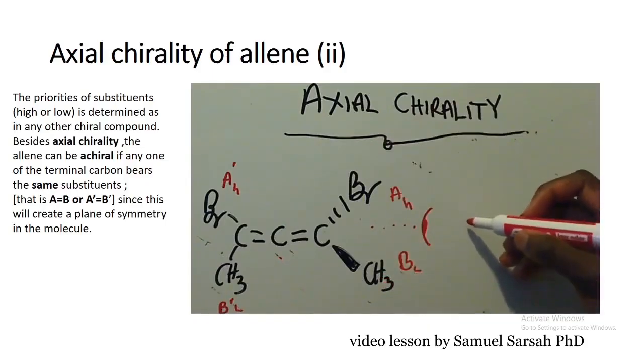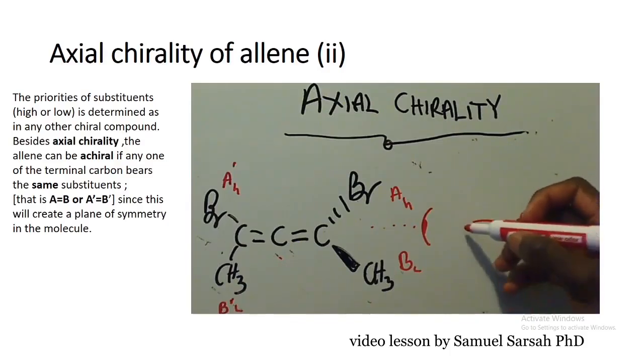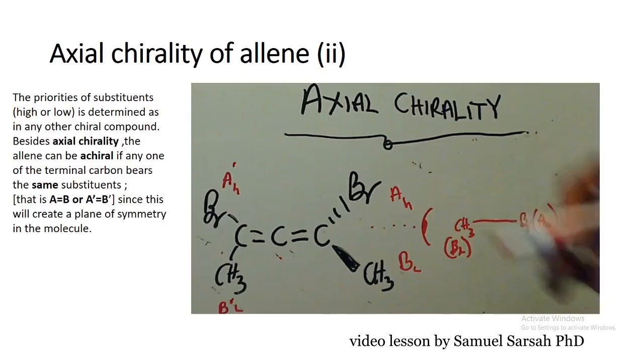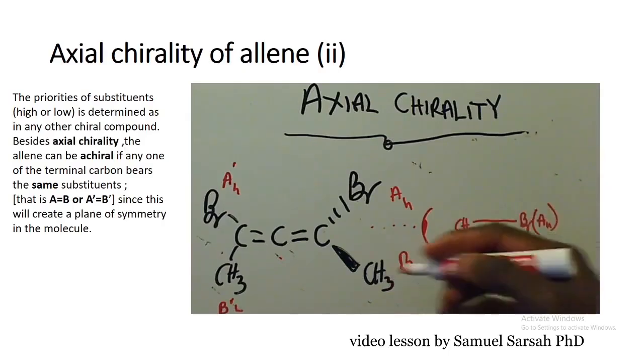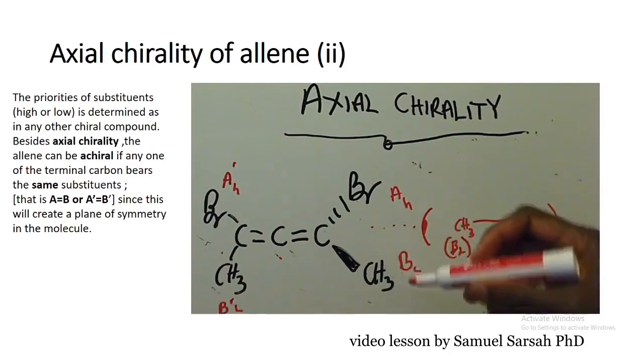So I'm going to write this. The H stands for high priority, and then the B or the L stands for lower priority, because the B is what I'm using to represent the methyl group on the side.